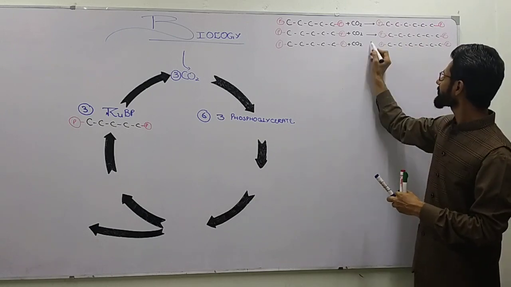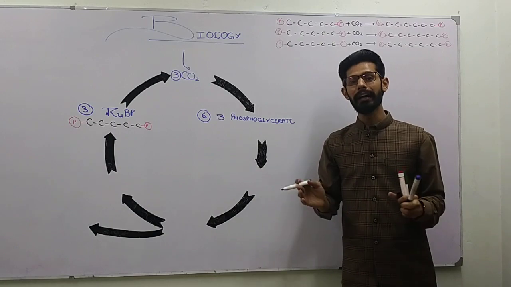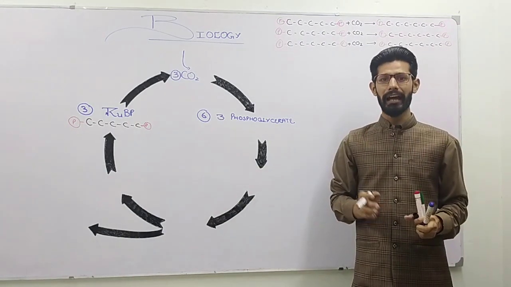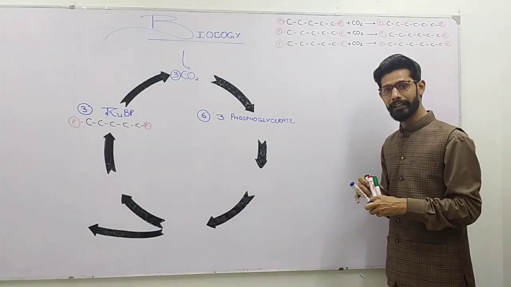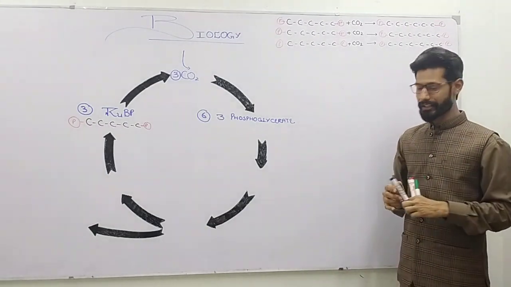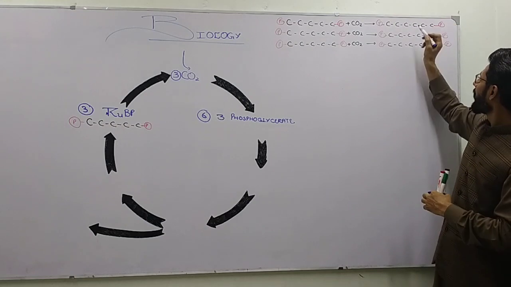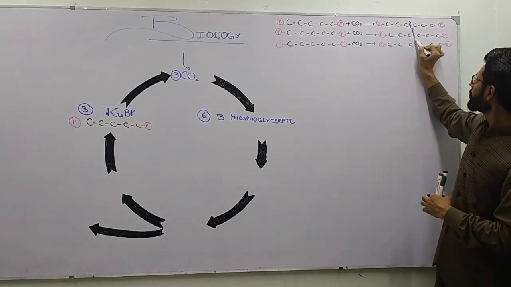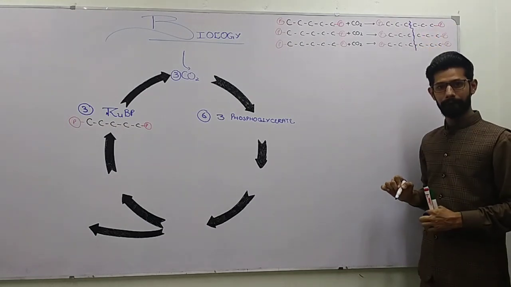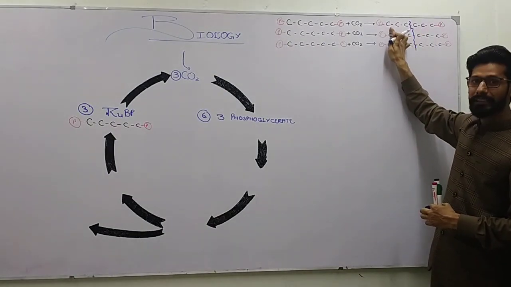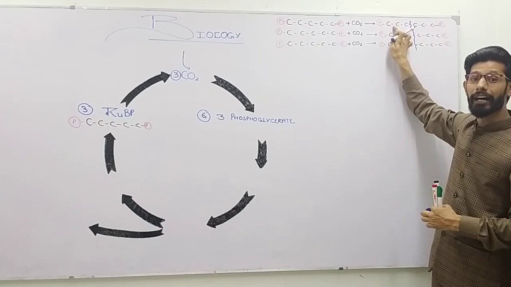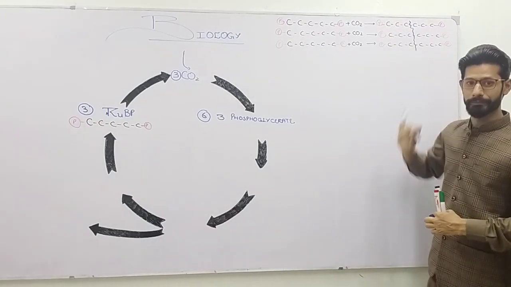This 6-carbon compound is a highly unstable compound, and as it forms, it breaks. It is immediately broken down into equal halves. So how does this cleave? This 6-carbon compound cleaves into 3-carbon molecules.